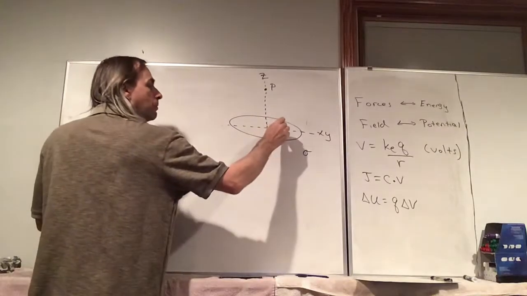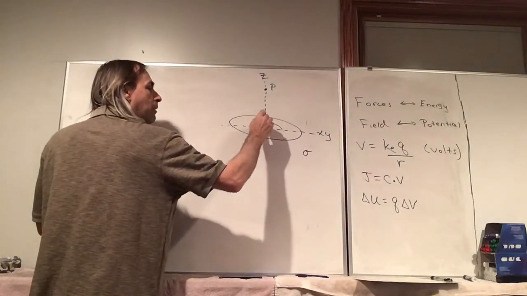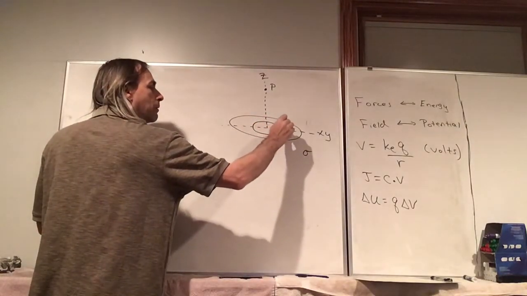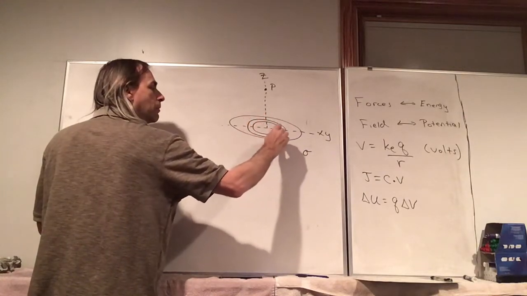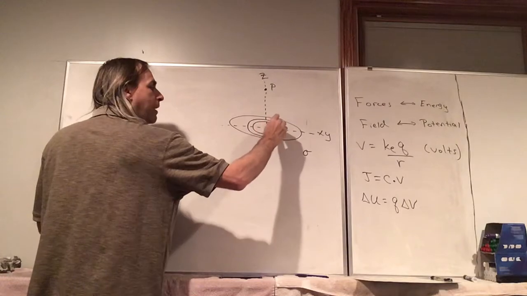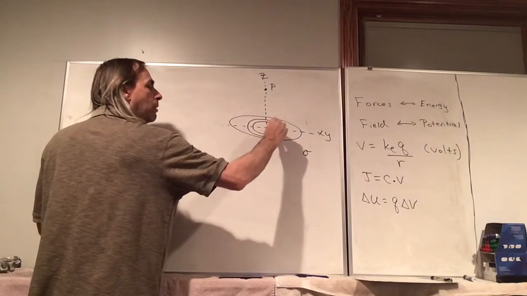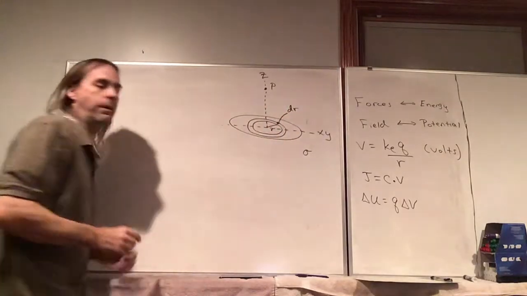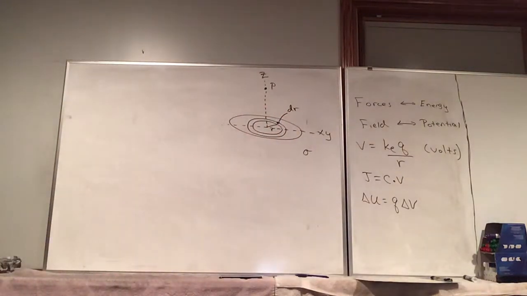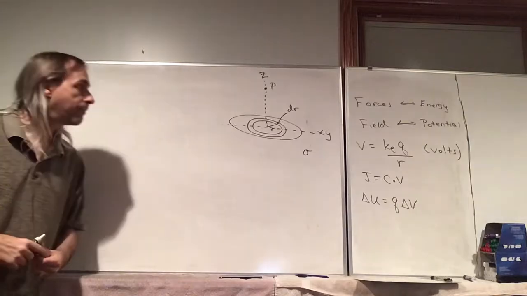So let's draw a thin shell, like a ring with a radius r and a thickness dr. That's an infinitesimally thin ring.